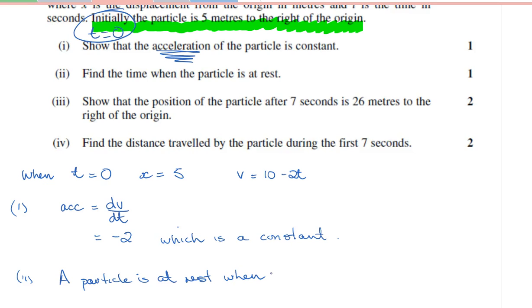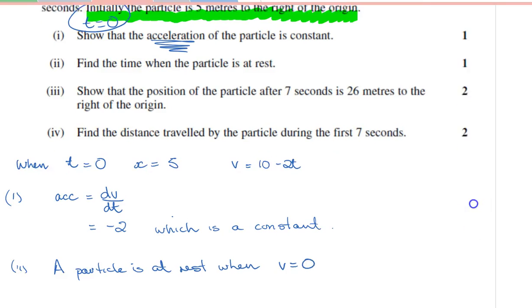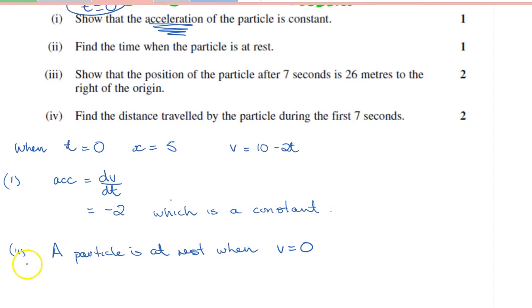What's our mathematical term for speed? Velocity. Zero velocity. A particle is at rest when v is 0. So actually, no calculus is involved in part 2. This is really a straight understanding question.